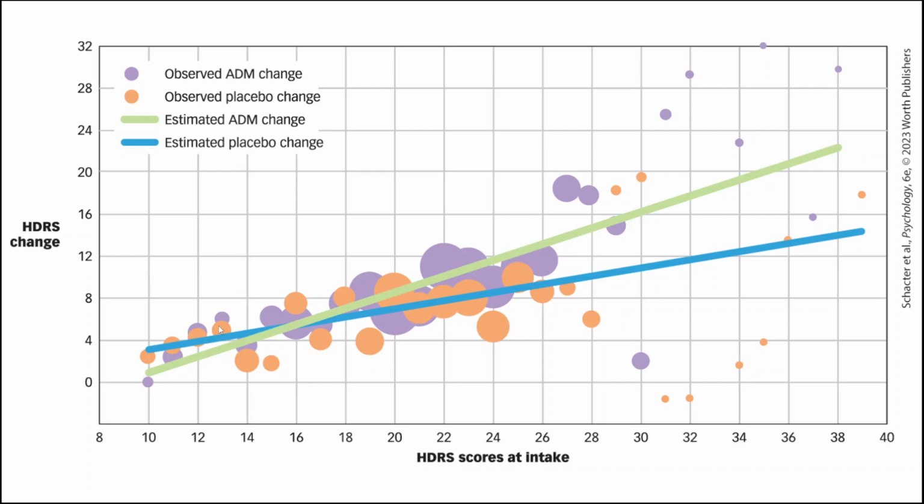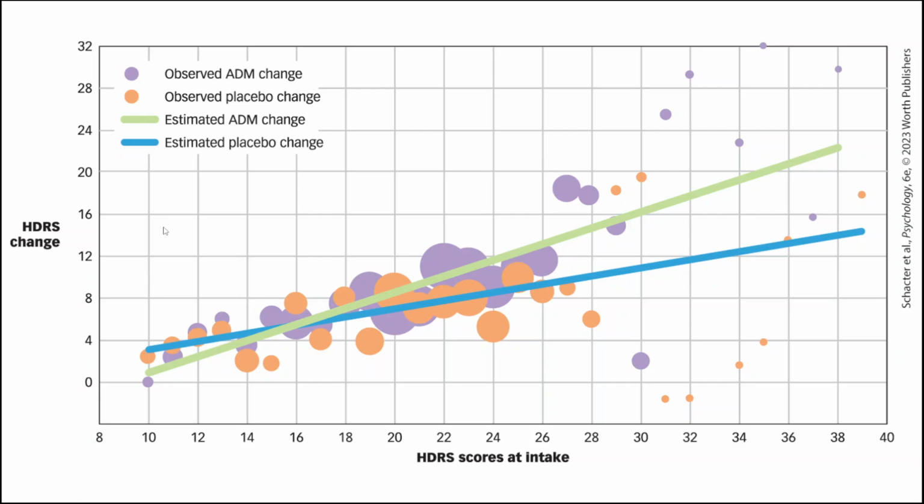All right, and so our diagram here is showing that this blue line is showing our net improvement. These are just a score in terms of how depressed the individuals were when they entered the program, so lower versus higher. And then the change here, so the higher up on this axis, the better. So we're seeing that the line for our drug, our ADM, the green one here, is a steeper line.